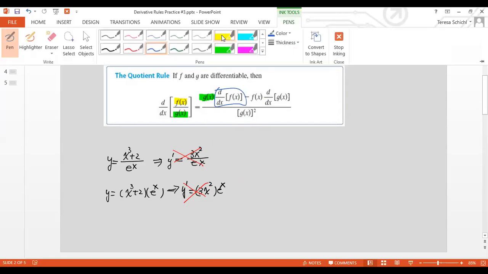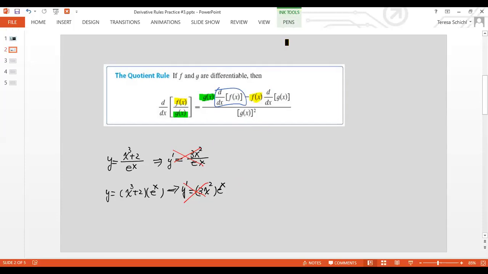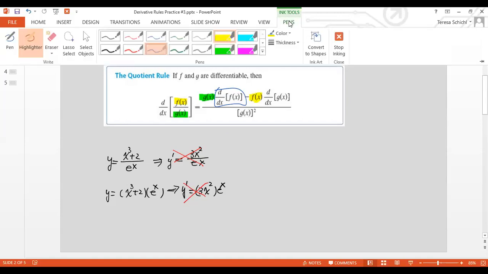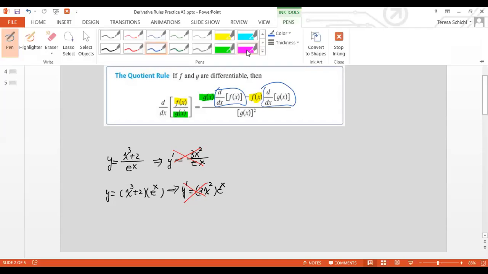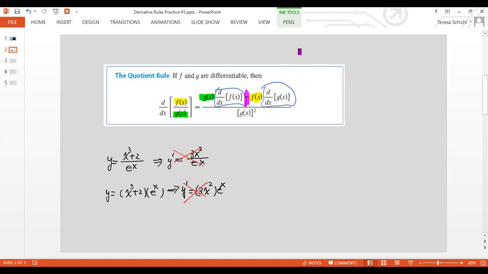Then the next thing is you hold the top, not change, and you take the derivative of the bottom. So it is very similar to the product rule, right? But instead of the plus, you need to be careful, this is a minus. You hold the bottom and take the top derivative, and then you hold the top and take the bottom derivative here.